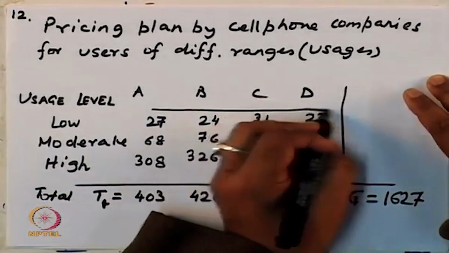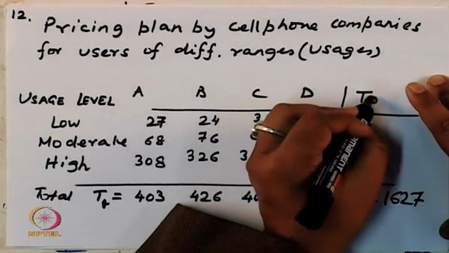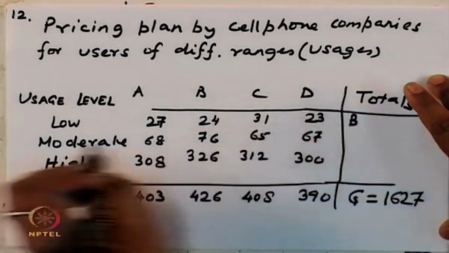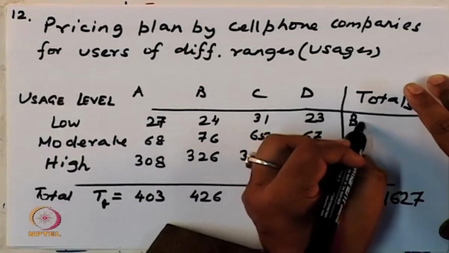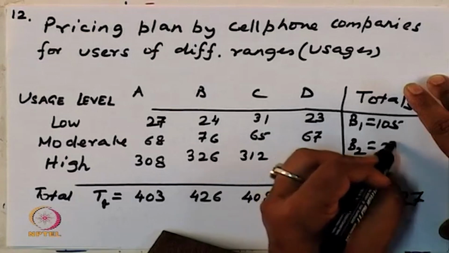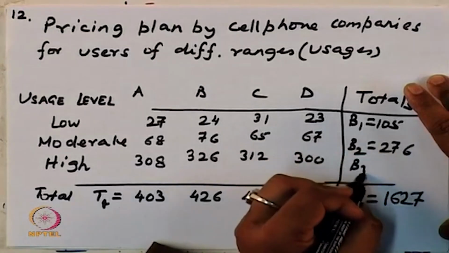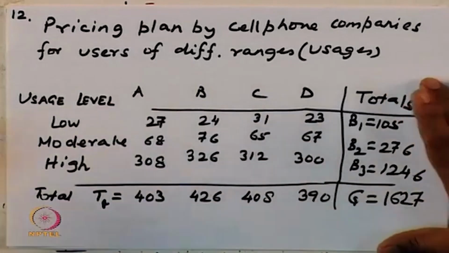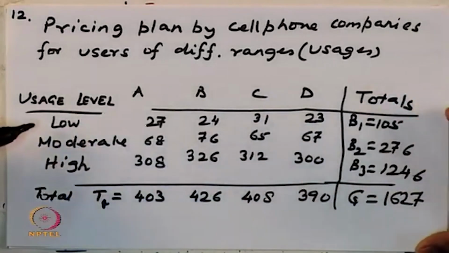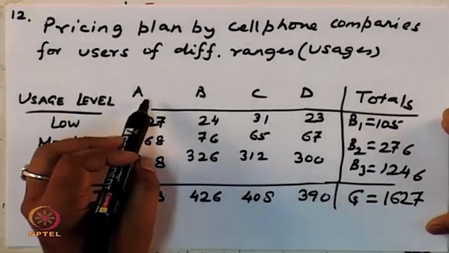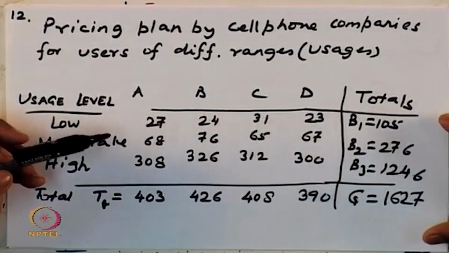You can also make another panel called totals here, and this is B. So, this is a block average. B1 is 1055, B2 is 276, B3 is 1246. So, you have 3 blocks as per usage levels, low, moderate and high, and 4 treatments, which are your companies and their pricing strategies.